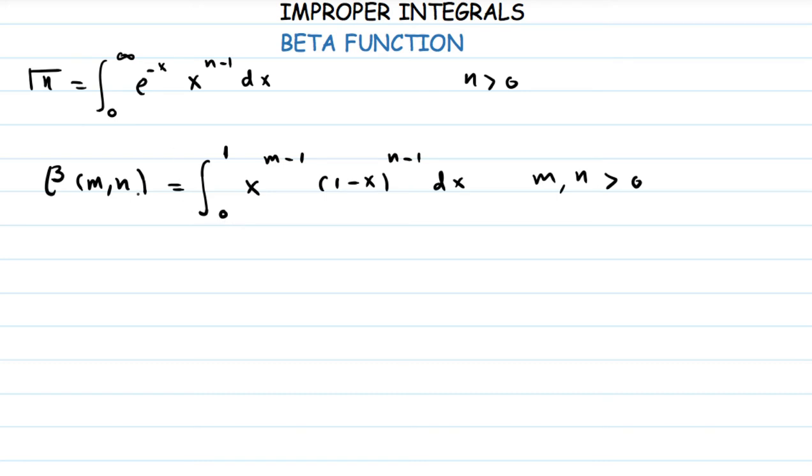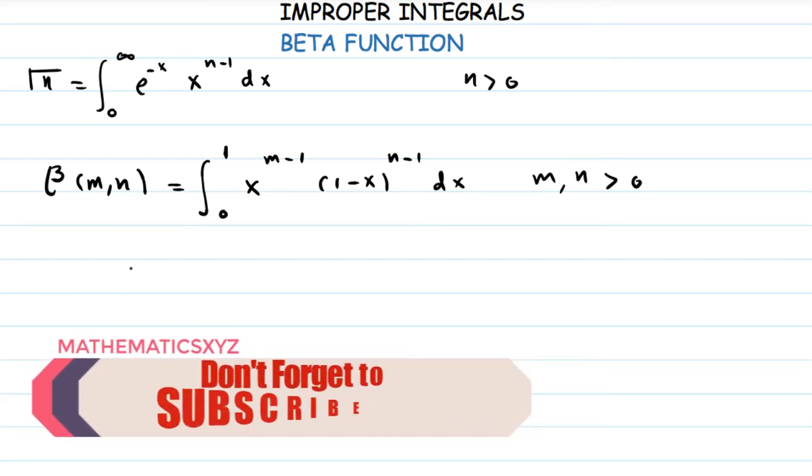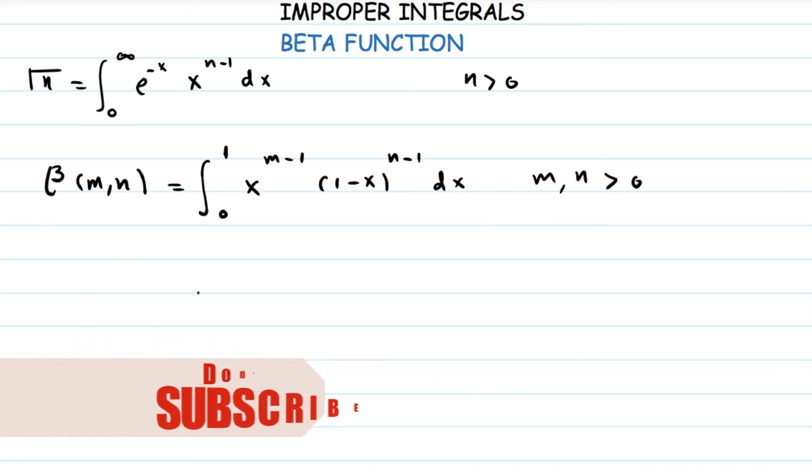Now when we're dealing with the beta function, we also have to use, most of the time, the properties that accompany these kinds of functions to solve problems, and we have especially three properties.